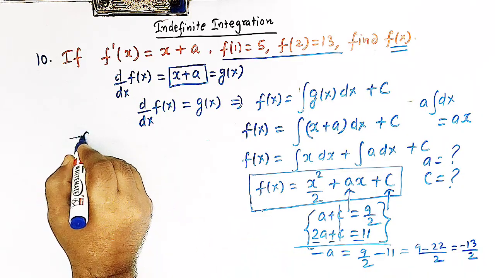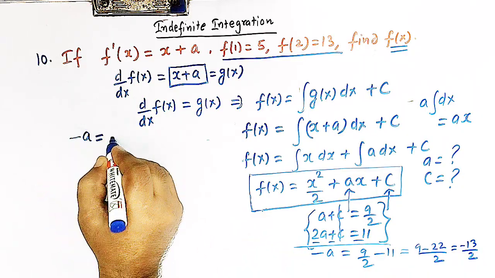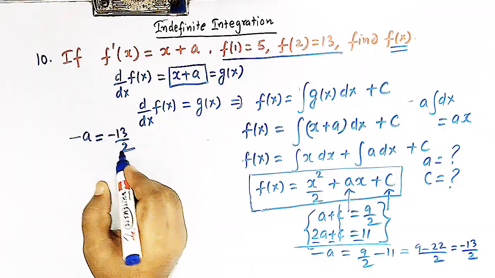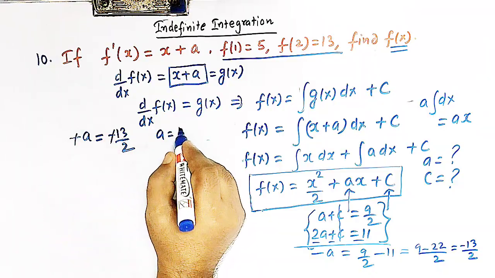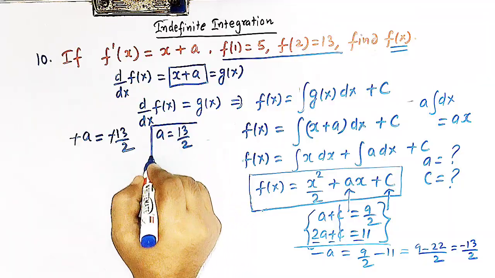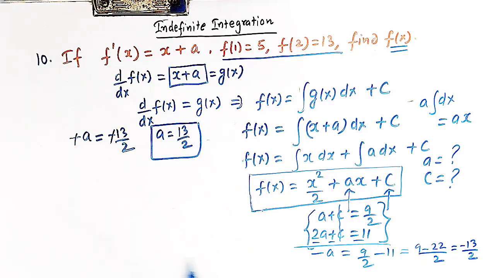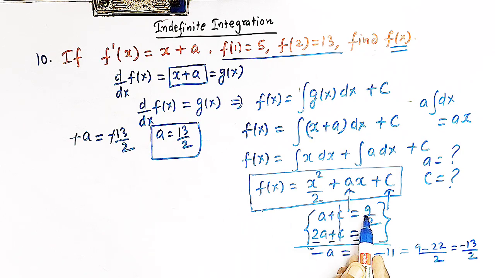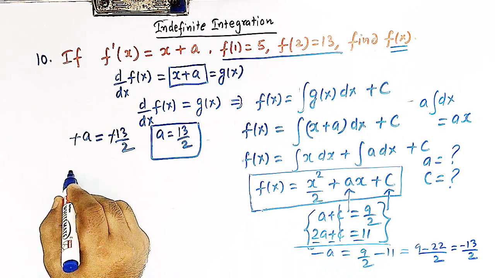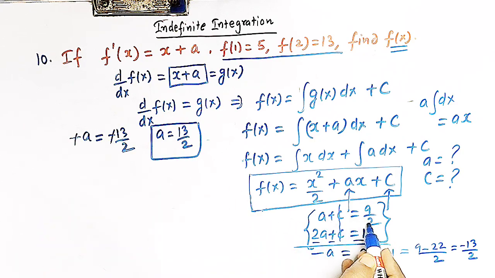So we have minus a is equal to minus 13 over 2. Minus and minus get cancelled. So we have a is equal to 13 over 2. Now let us substitute this value of a in this equation. So we have a plus c is equal to 9 by 2.